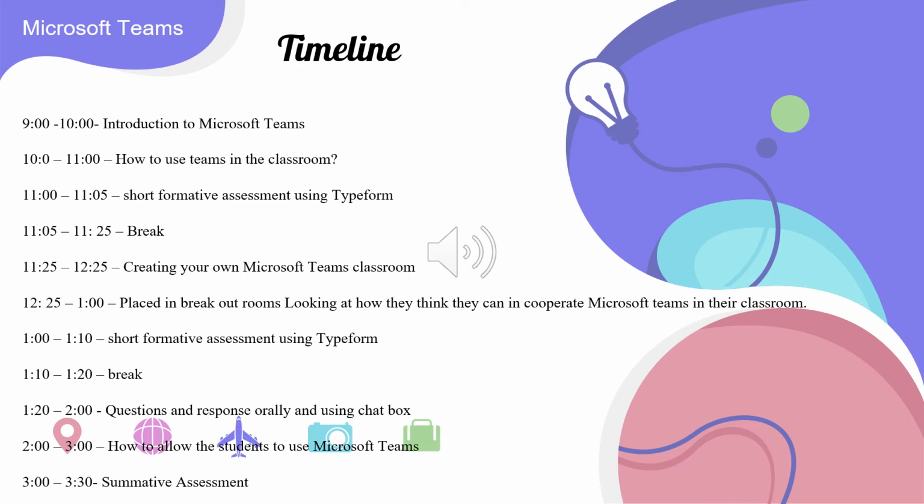After that, from 11 to 11:05, they will have a short summative assessment just to see what they have grasped from it and what are the different aspects that they have learned from those two sections previously.